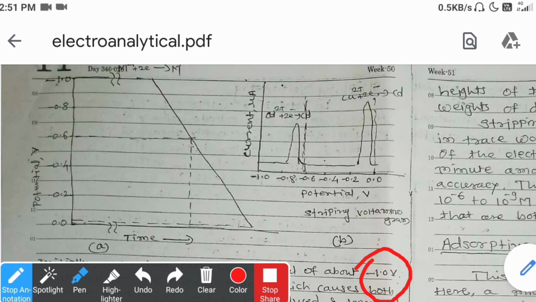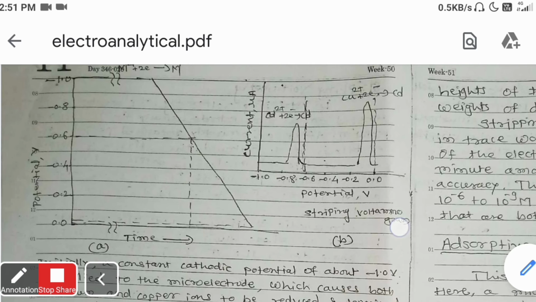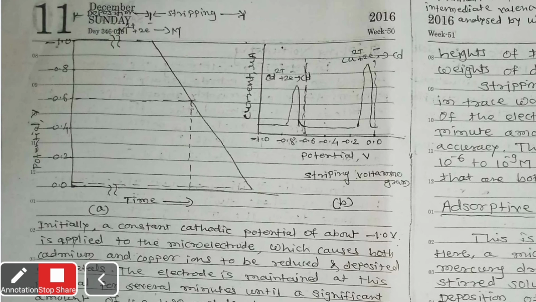Once a sufficient amount of cadmium and copper has been deposited onto the electrode, the stirring of the solution is stopped, and the potential will increase to a more positive value.